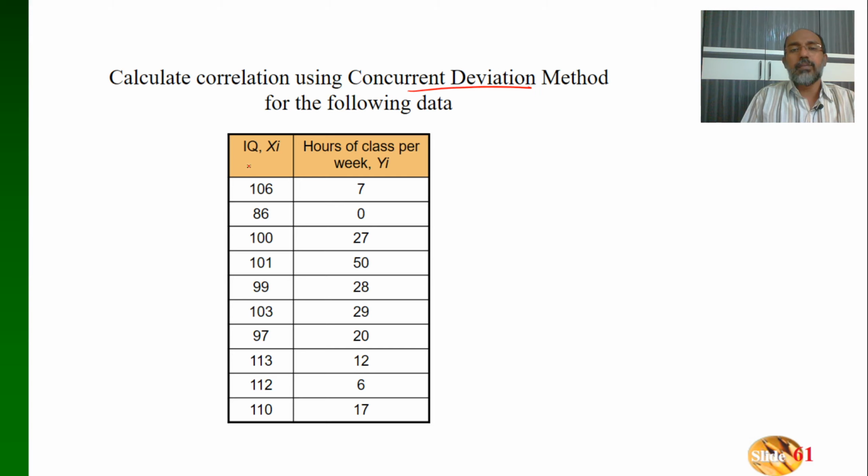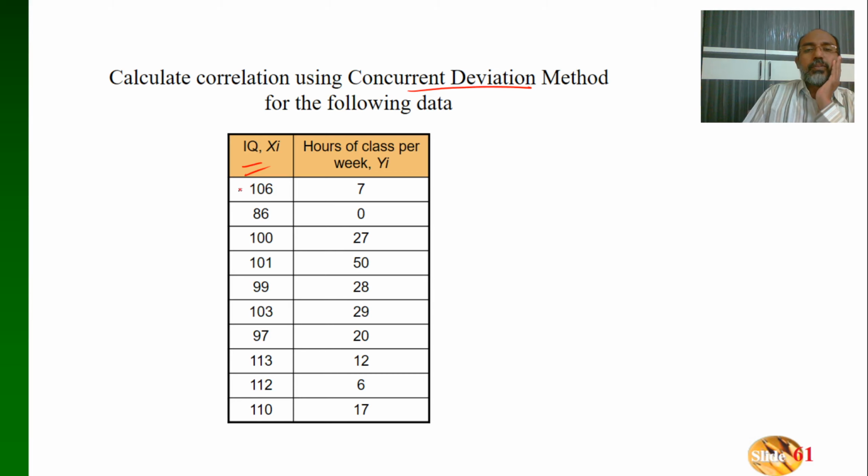The data taken is the IQ of the students and the hours of class per week. The students attended hours of class per week, their IQ levels are taken into consideration, and we are asked to calculate the correlation.